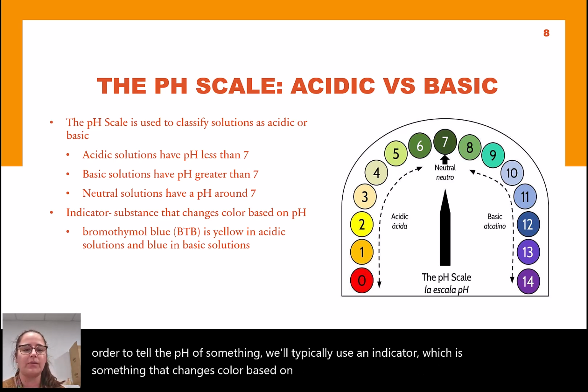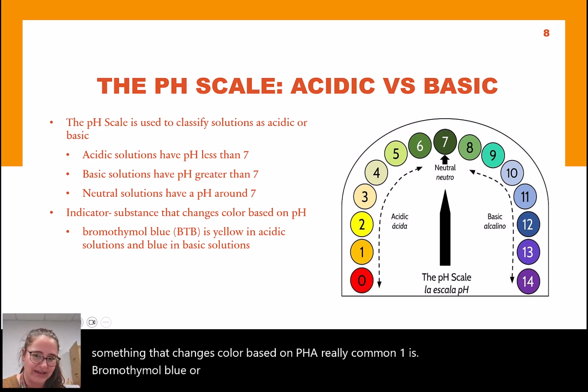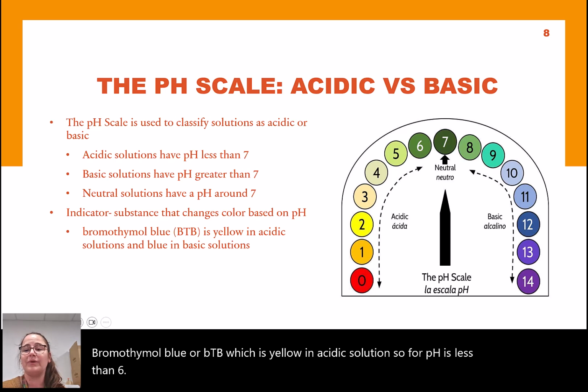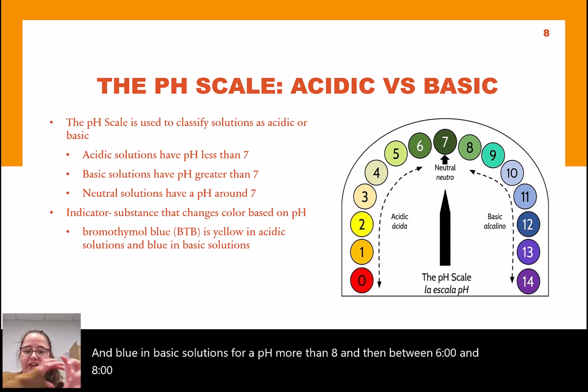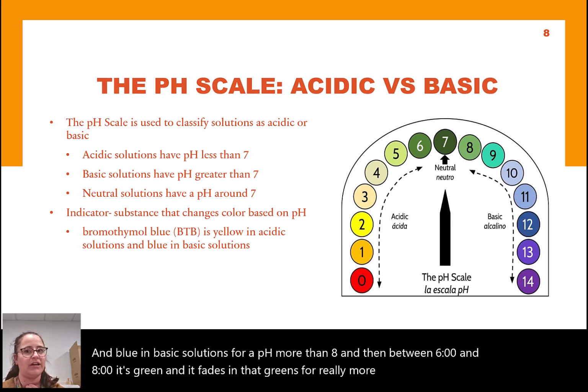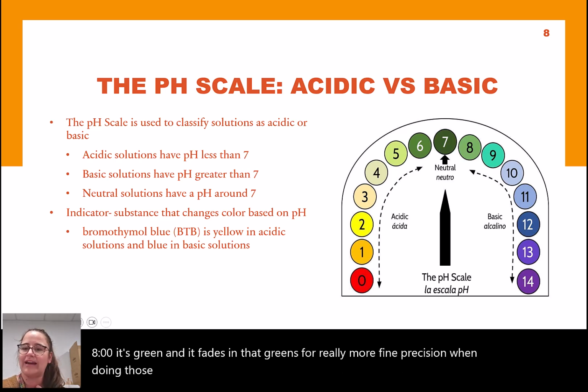A really common one is bromothymol blue, or BTB, which is yellow in acidic solutions, so for pHs less than 6, and blue in basic solutions for a pH more than 8. Between 6 and 8, it's green, and it fades in that green for more fine precision when doing those pHs right around neutral.